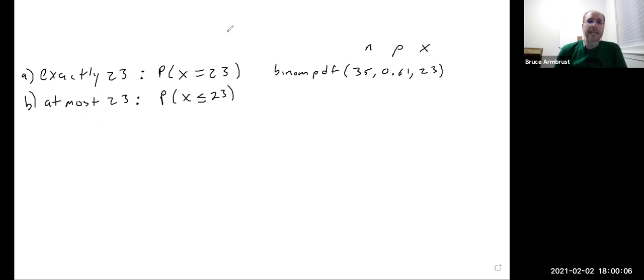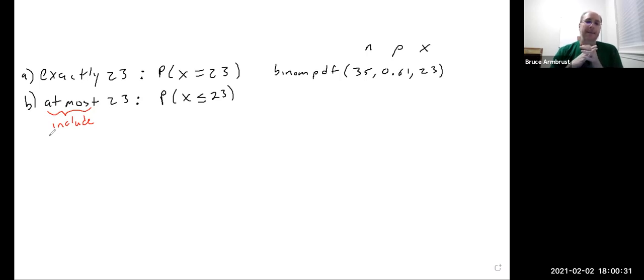So whenever you see at most, or at least, it does the same thing. This includes. All right, so if it says at most, that's going to be a less than or equal.